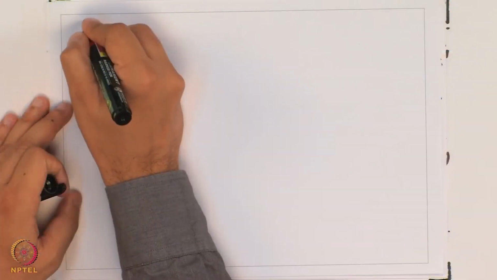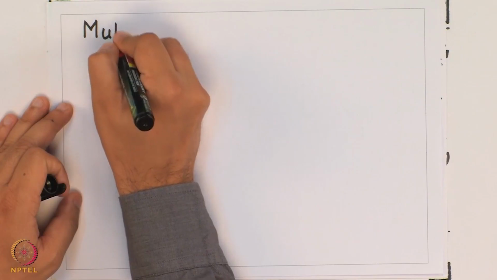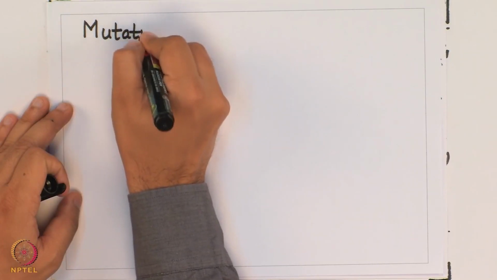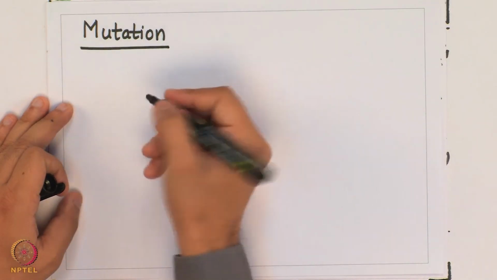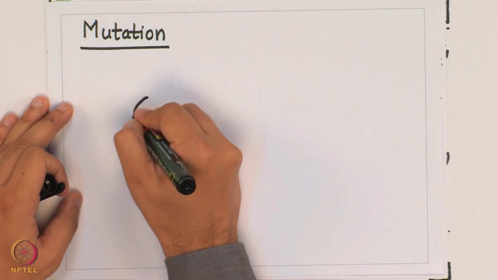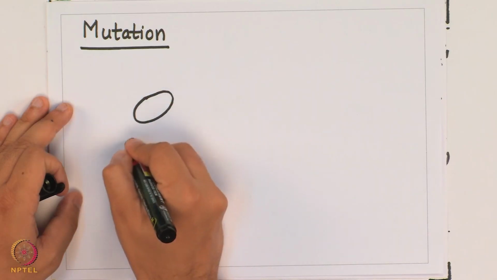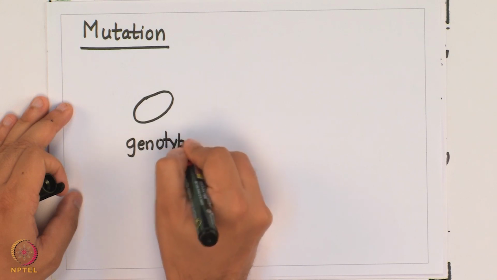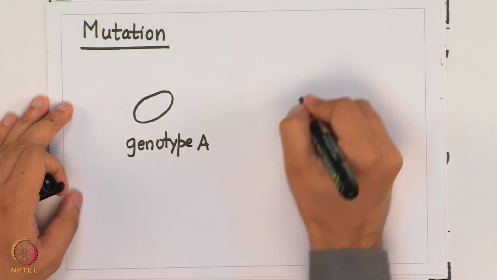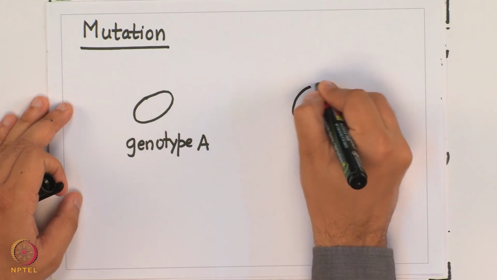Again, as always, let's start our discussion with two distinct genotypes, and let's call them A and B. So this is mutation, and let us say we have genotype A and genotype B.